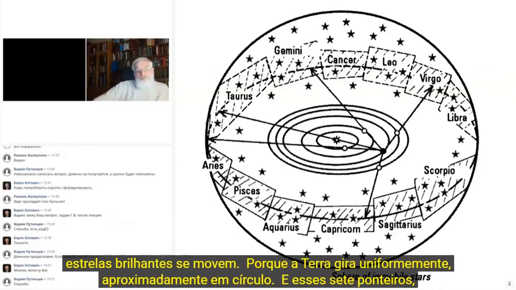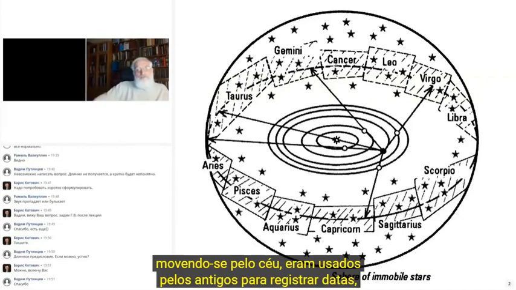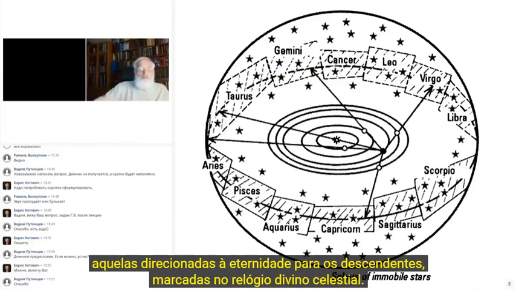Because the Earth rotates uniformly, approximately in a circle. And these seven hands, moving across the sky, were used by the ancients to record dates, those directed towards eternity for descendants, marked on the celestial divine clock.